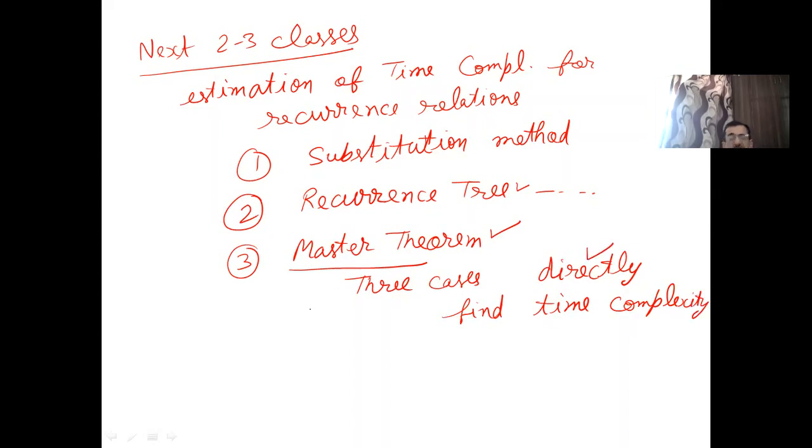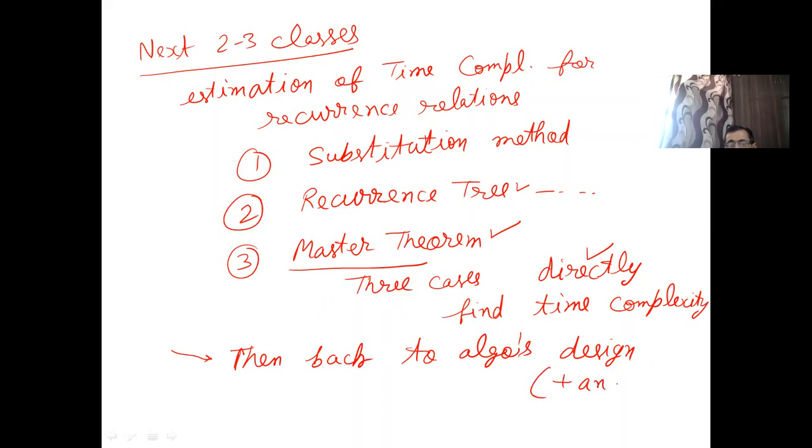So our next 2 to 3 classes will focus on this. Subsequently, we are going to go back to various algos design and analysis. So a lot of programming will come, and then of course design will also mean analysis at all times, but we are going to see various new algorithms being designed from time to time.